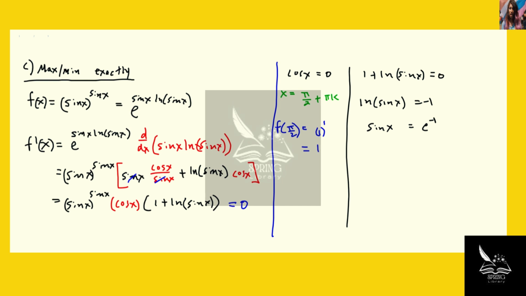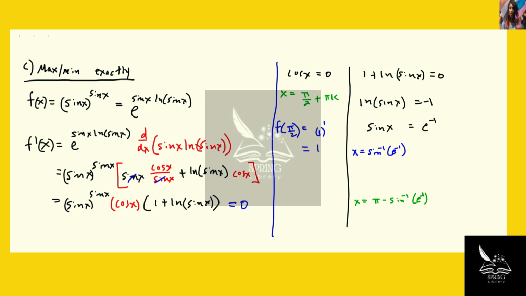So we get one solution that's going to be x is equal to arc sine, actually I'll just write this as sine inverse of e to the -1. And we get a second solution being x is equal to pi minus sine inverse of e to the -1.